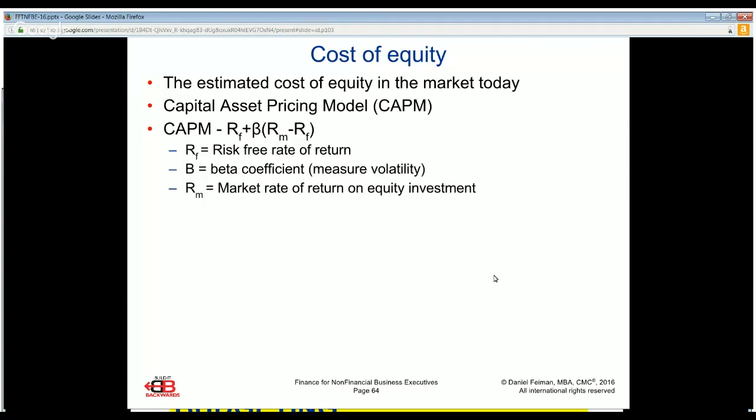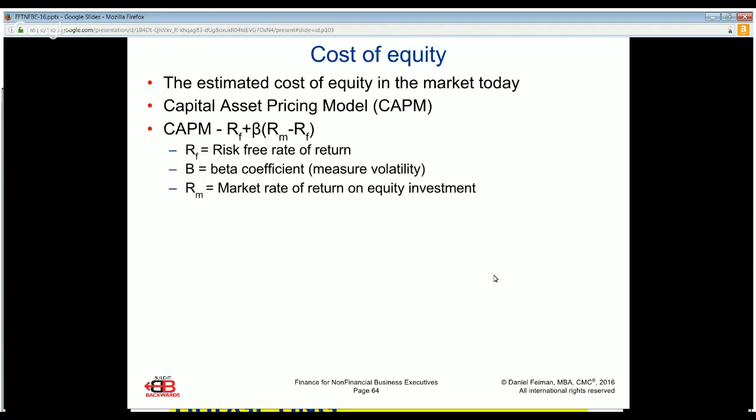Within those parentheses, we're subtracting the risk-free rate that we already have on the front end. What was the risk-free rate? That was 2%. So if the market required rate of return is 13 and the risk-free rate is 2, the net of this is 11.